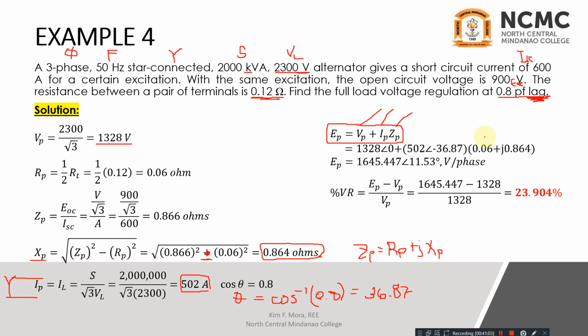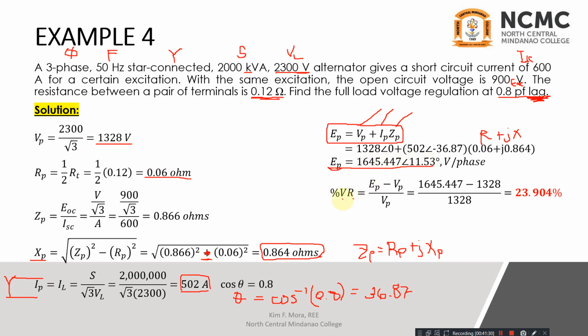So ZP mao siya ang R plus jX, no? Value sa atong R, that is 0.6, then sa atong X, that is 0.864. Then ang atong makuha nga result ana is ang atong EP na dayon, which is 1645.447 angle 11.53.